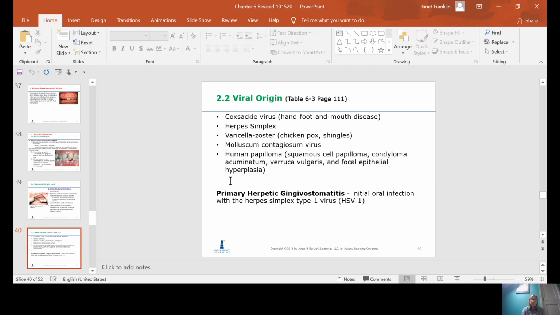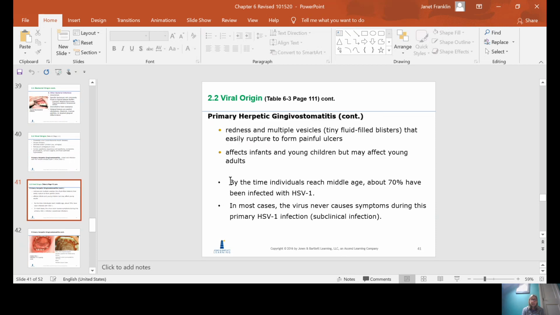Redness and multiple vesicles appear, so blisters, that easily rupture to form painful ulcers. When patients have a primary herpetic outbreak, the outbreak is painful. Oftentimes they can't eat, they can't brush their teeth. It affects infants and young children, but may affect young adults.